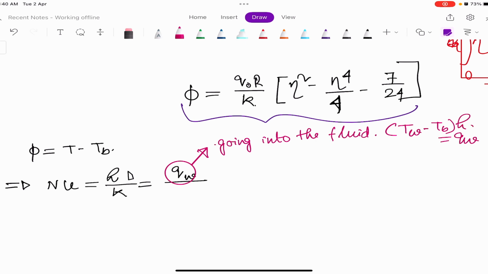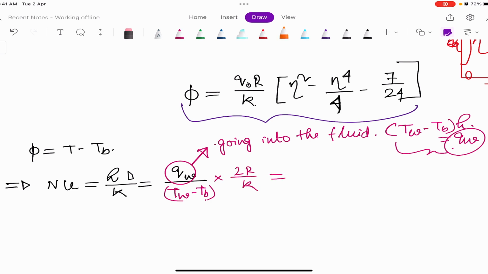If T wall is greater than Tb, then my q wall is positive, that means the heat is penetrating into the fluid. But if T wall is less than Tb, then this expression gives me negative q wall, and that will mean that the heat flux is going out from the fluid, right? So this will be q wall by T wall minus Tb into 2R by k.